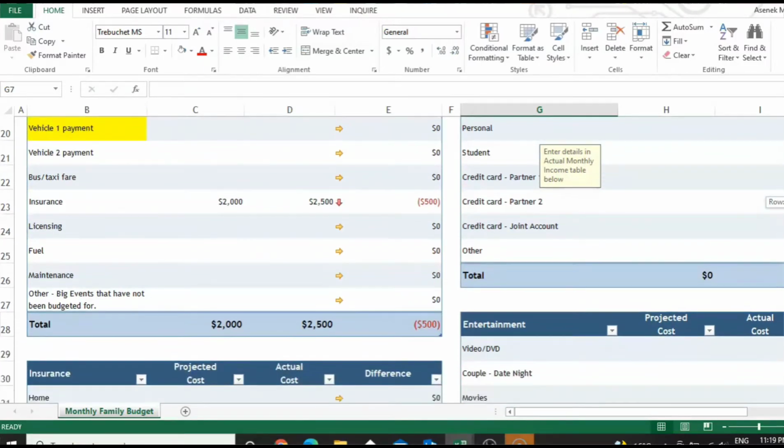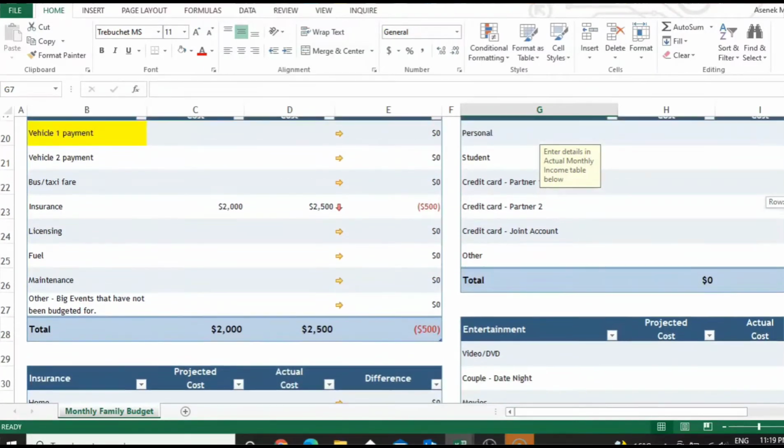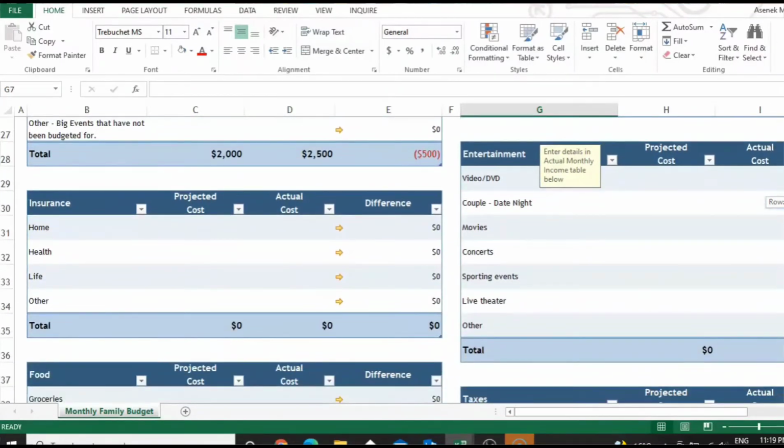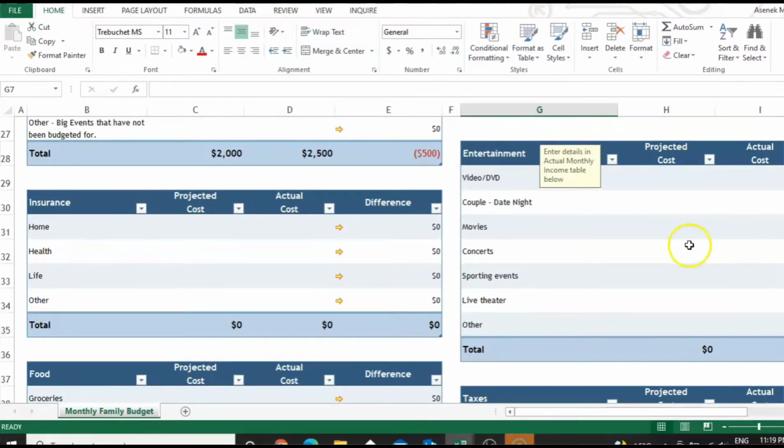And also don't forget to enter the actual amount and the budgeted amount so you keep track of the difference. You also have the insurance category. Under insurance, you can have costs related to your home insurance, your health insurance, your life insurance, and other insurance that are not listed here. And like I said, you can always insert a line and include any category that is missing.